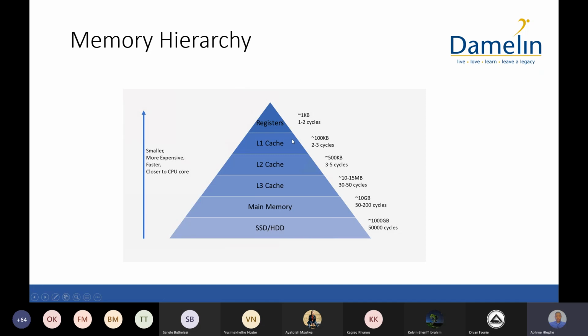You can see that on the right-hand side of this diagram, they actually have this minimum and maximum capacity that you normally find these components in. So we also have our main memory, and then we have our hard drives or our solid state drives.